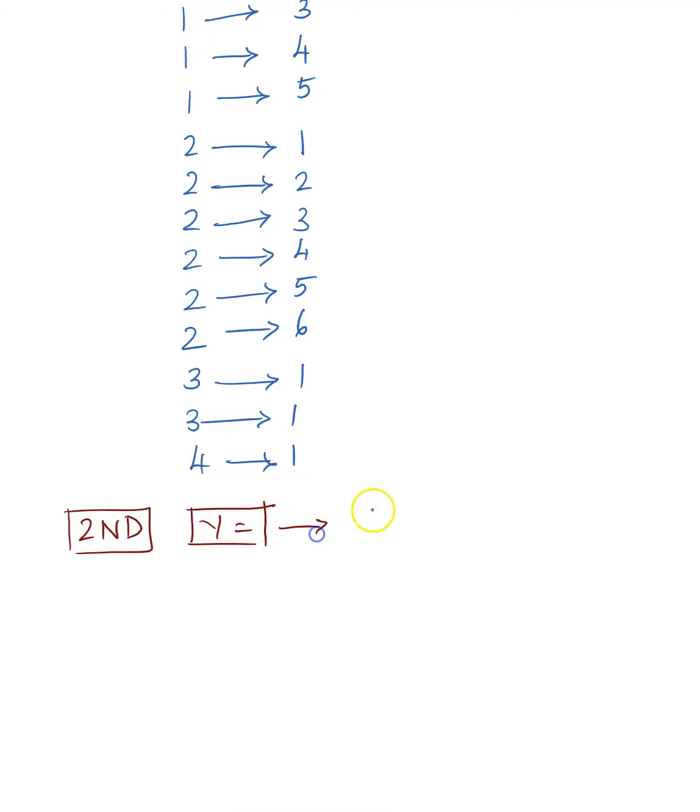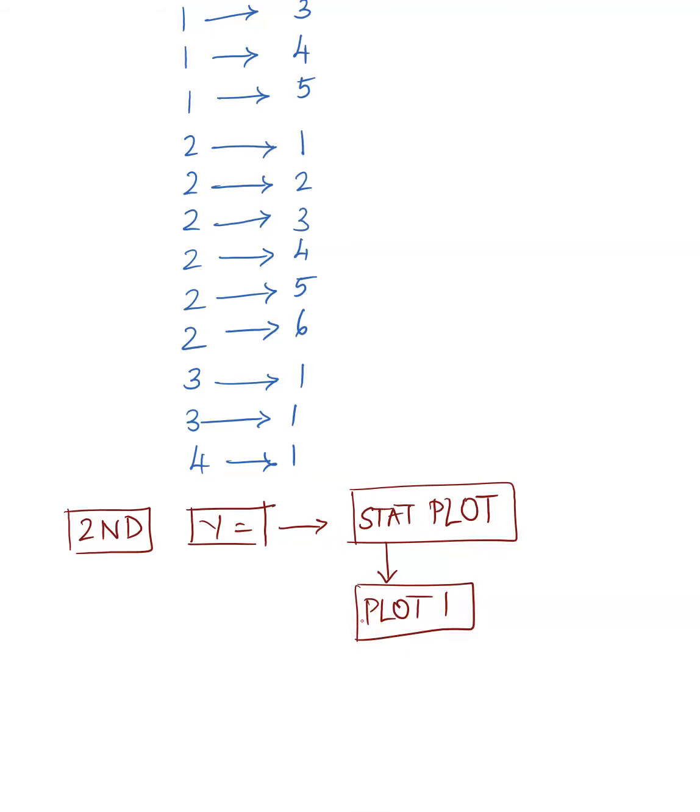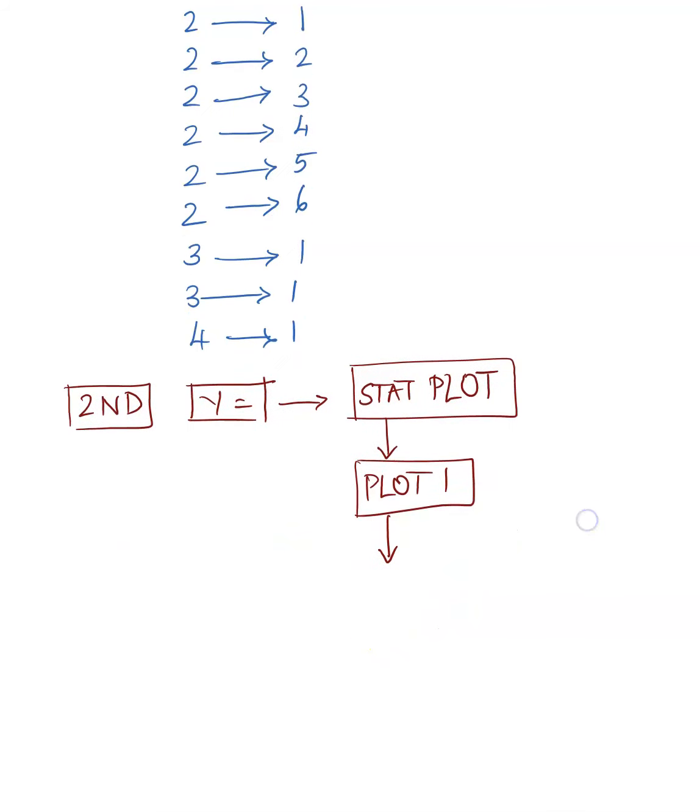So go to stat plot, and we want to look at plot number 1. You're free to choose plot 2, plot 3, play with it. I'm just keeping something standard here, so this is how I did it at my end. I don't feel that you have to always do plot 1. If your plot 2 is free and you want to do that, go for it.